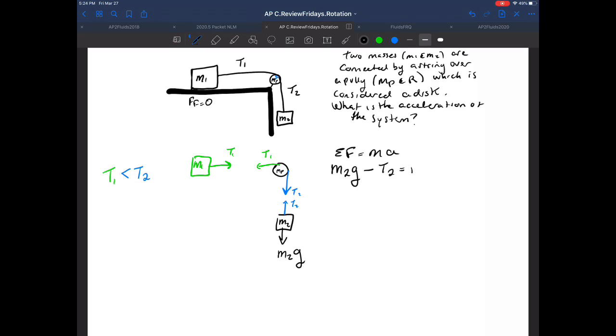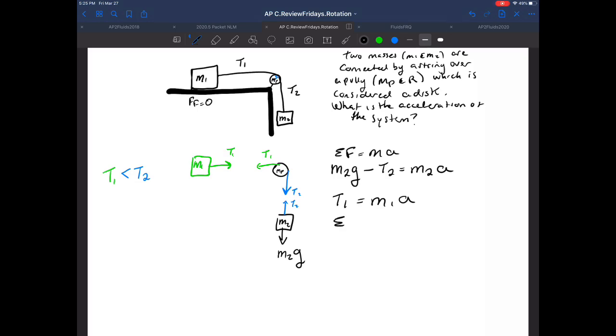So we'll have this expression for M2. Now we can go ahead and do that again for M1. There's only T1 that pulls M1, so the expression is much shorter.